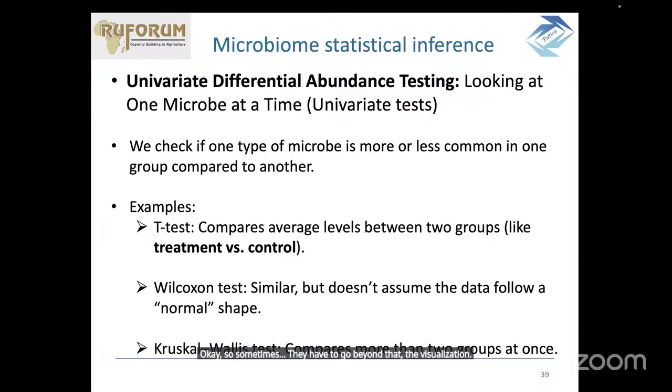There are other methods that I think we have covered when we were doing data science that are used for analyzing differences among samples, such as beta diversity. We have univariate statistics. You have t-test. You have Wilcoxon test. You have Kruskal-Wallis test. Basically, what we covered in data science, going beyond visualization.